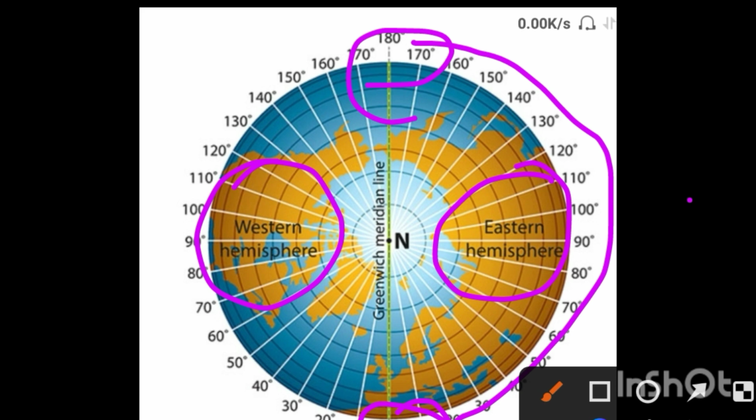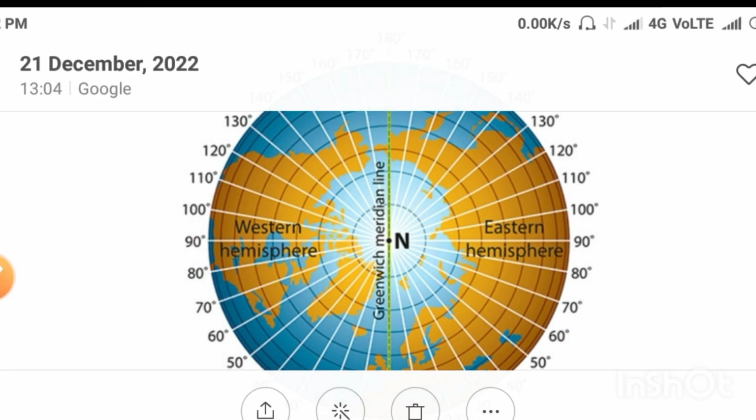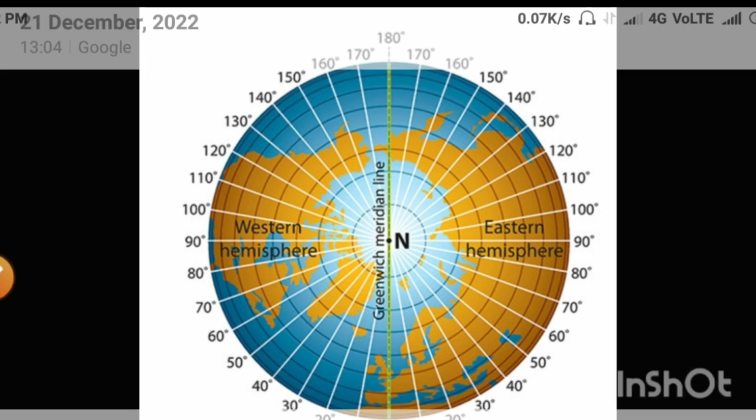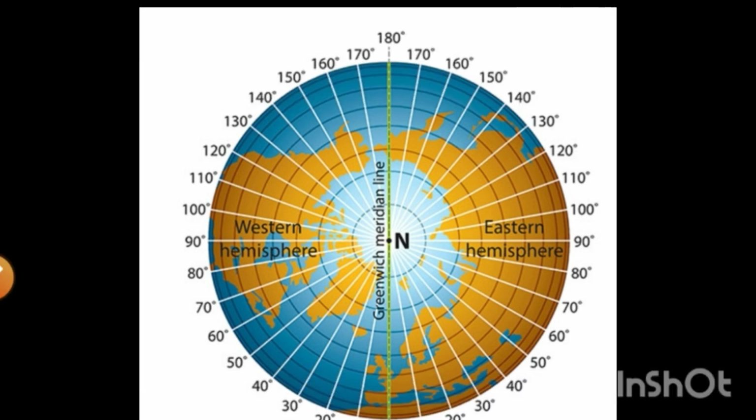But what we just read is 360 degree meridians. We are not able to see 360 degree here, because 360 degree is at the back side. This is the front of the globe, and there is a back side of the globe as well. The same procedure is followed at the back.